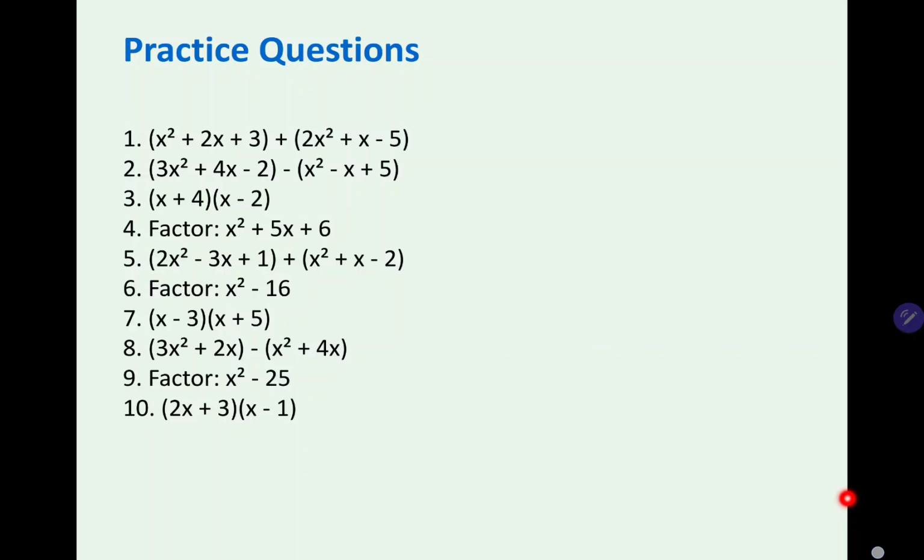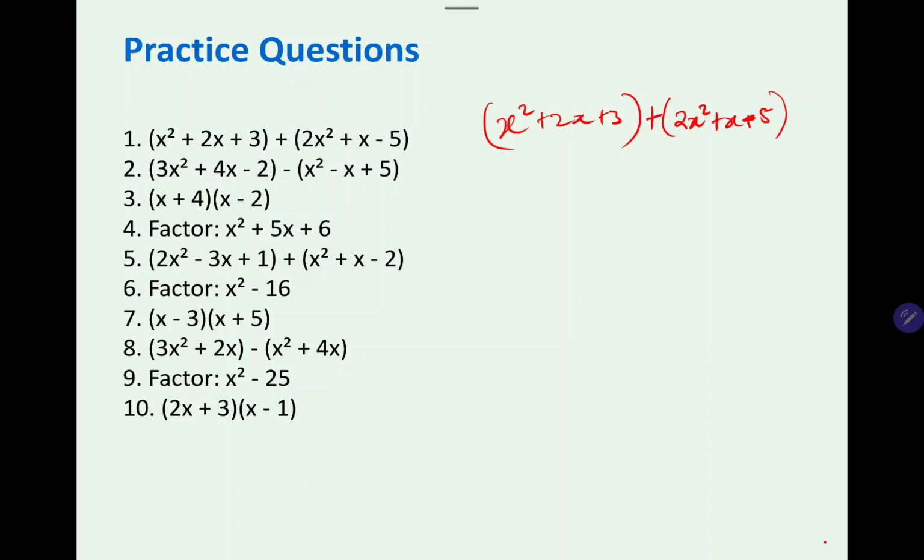So we have some practice questions as usual. Let us take a few of them. Number 1 is x squared plus 2x plus 3. I want you to add it to 2x squared plus x minus, sorry, this is minus 5.